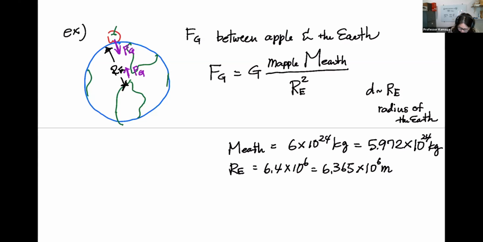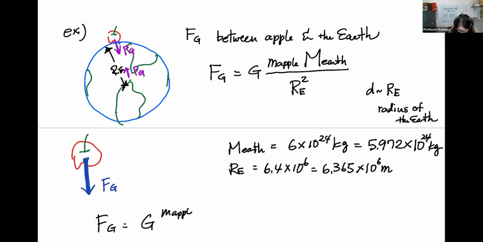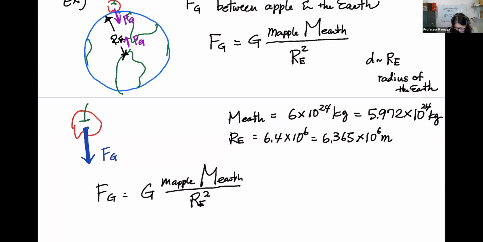So on the apple, gravitational force is applied. And this gravitational force, F_g, we said, equals G, M of the apple, mass of the Earth, over radius of the Earth squared.